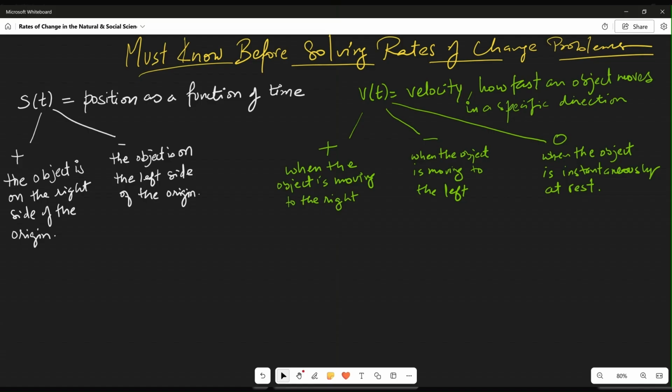Now let's look at acceleration. This a of t function means acceleration, which is how fast the velocity changes over time.